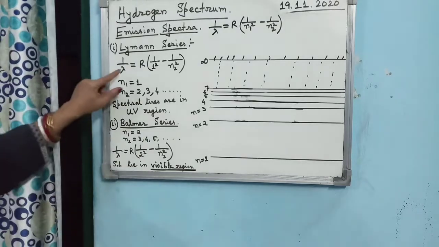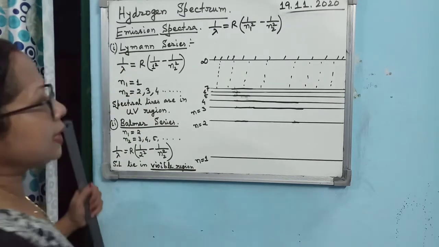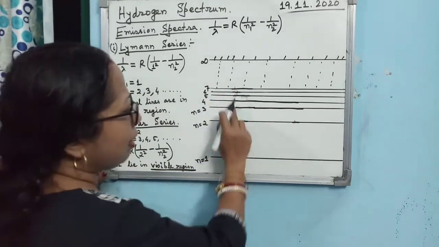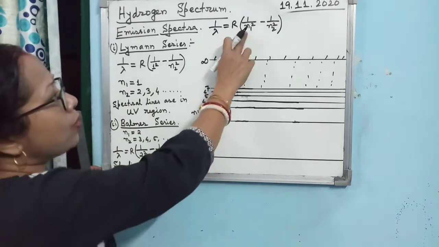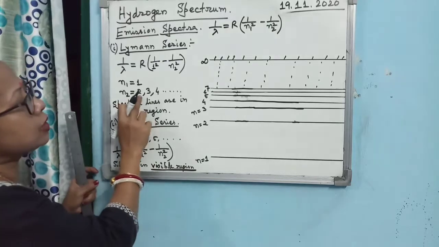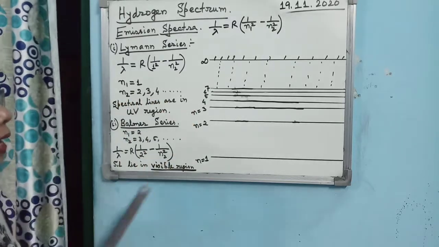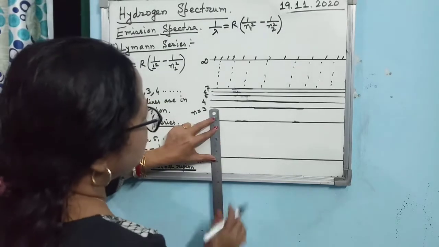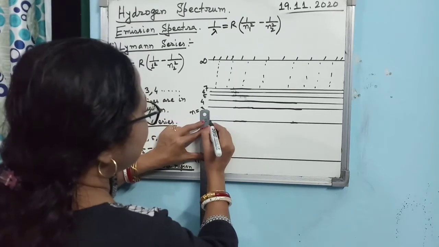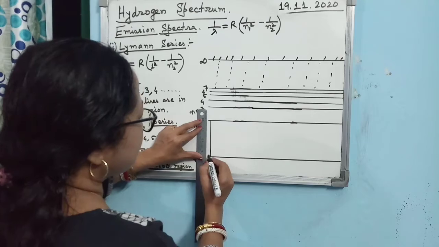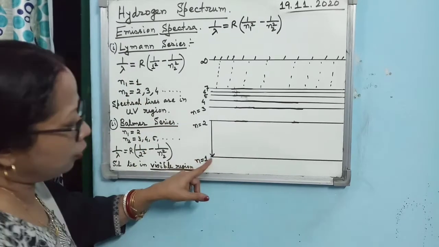Suppose any electron from any level is jumping to the ground state, meaning N1 is 1 and N2 is 2, 3, 4, and so on. Suppose from the second level it is jumping to the first level, so you have to put the arrow.